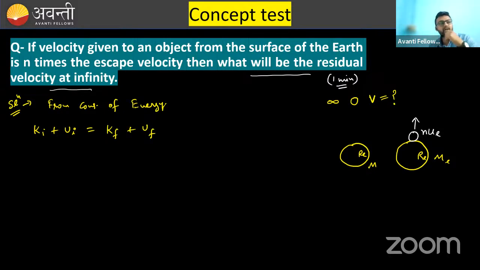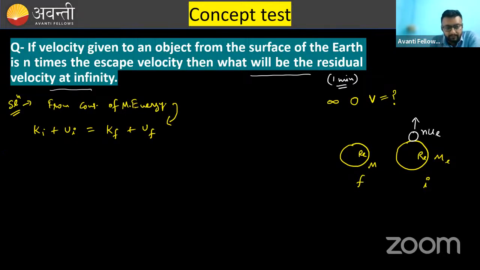That's why I'm saying don't always remember the formula. In most of the questions in JEE, the situation will be from the basics. You need to use the basic fundamental relation, and the fundamental relation was conservation of mechanical energy. So this is our initial situation, this is our final situation. Now apply conservation of mechanical energy.